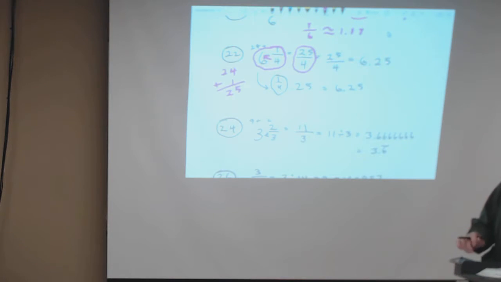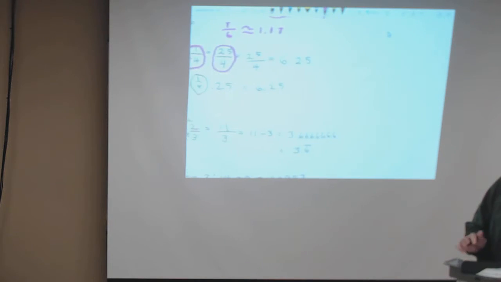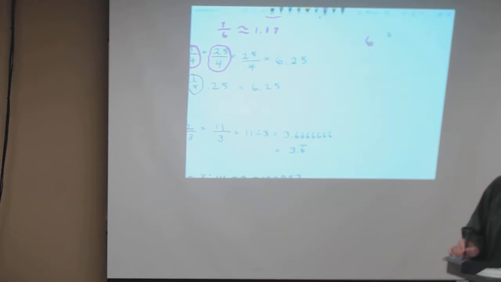If you want to see a picture of that, I'll come over here. 6 1/4. Here's 6. And then 1/4. There's the 1/4. Here's 6. Now watch. See how I can take the 6 and put all of them into 4ths?